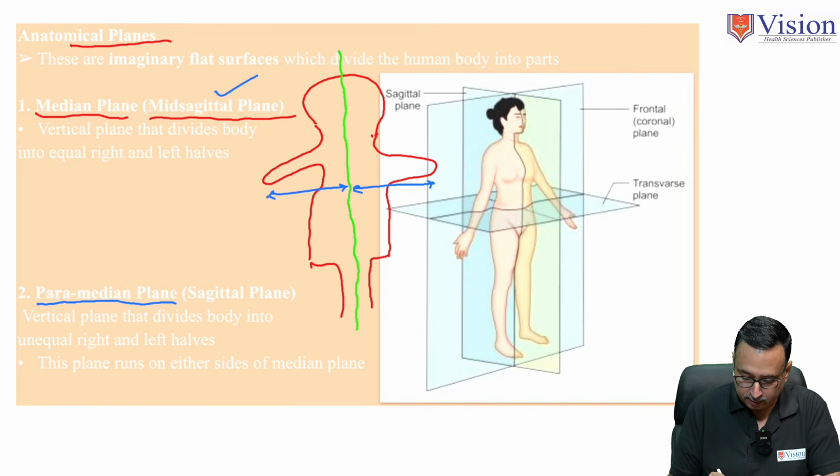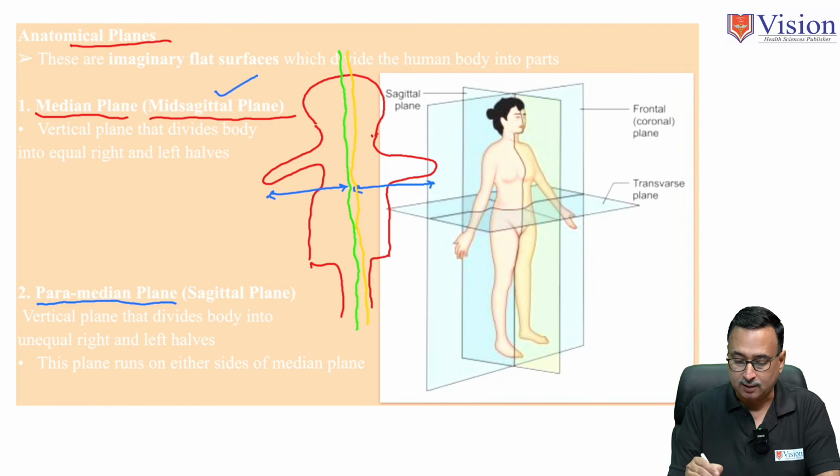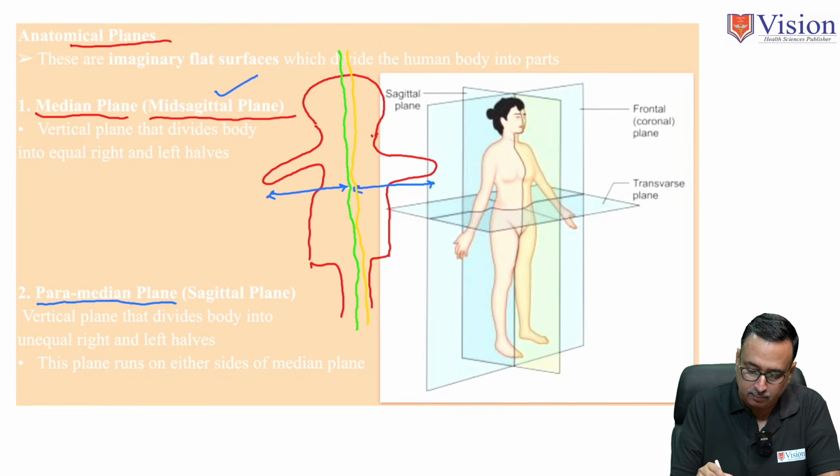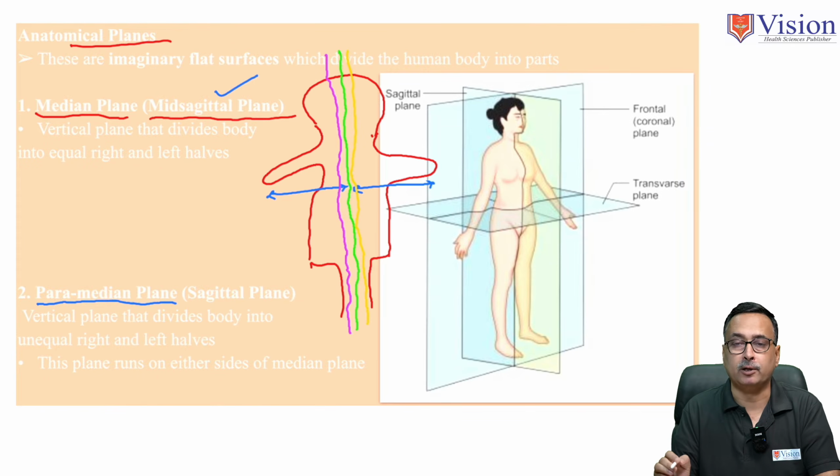From the same diagram with yellow color, say this is the paramedian plane. Now this yellow line I have drawn to the left of the median plane, and I can just show another on the right side of the median plane.